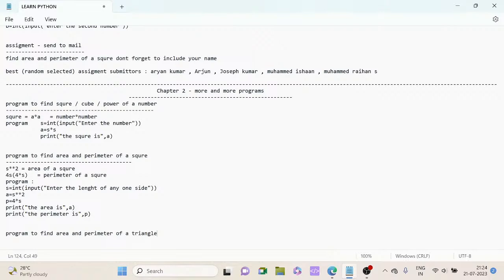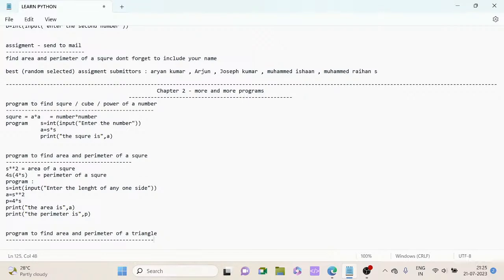Okay, so a triangle, you know that it has three sides. Yeah, three sides. So, program to find the area and perimeter.